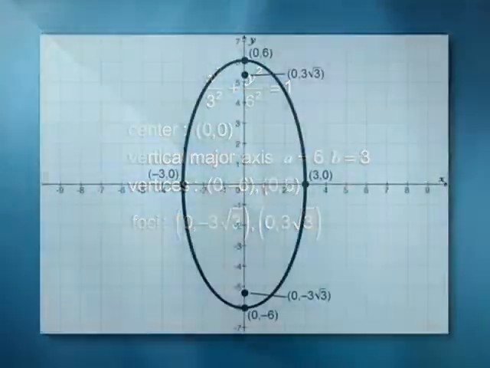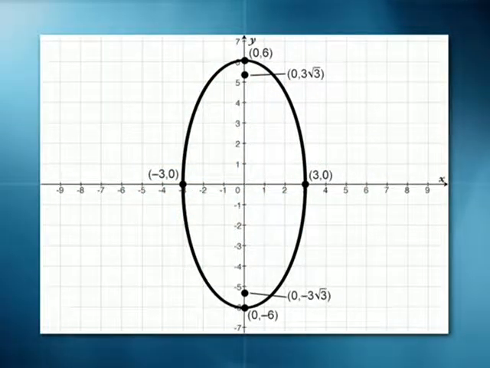Here's a picture of our ellipse that we were savoring there for a while. There's the center at the origin, and 0, 6 and 0, minus 6 are the vertices. It's a vertical major axis. The foci are indicated, and notice something kind of cool. The foci are very close to the vertices, aren't they?